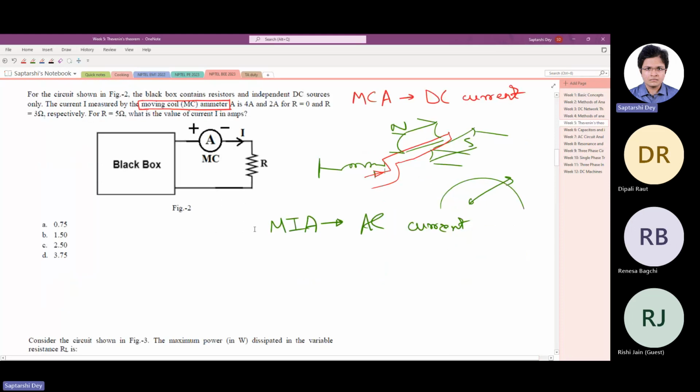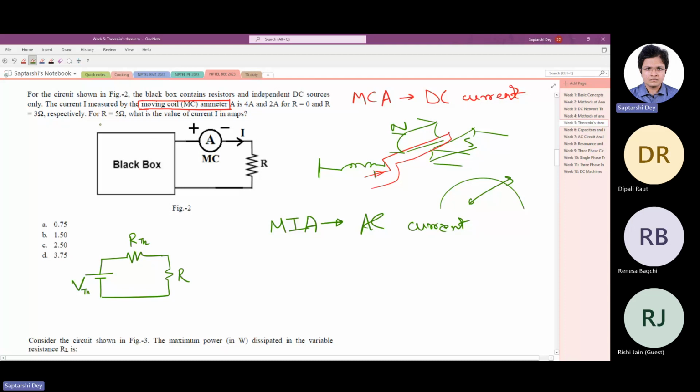So basically what they mean is this black box, since it is made of independent DC sources and resistors, we can write the black box like this. This can be the equivalent circuit of the black box. That will have some V, say VTH, Thevenin voltage, and RTH, Thevenin resistance, and the load resistance is R.